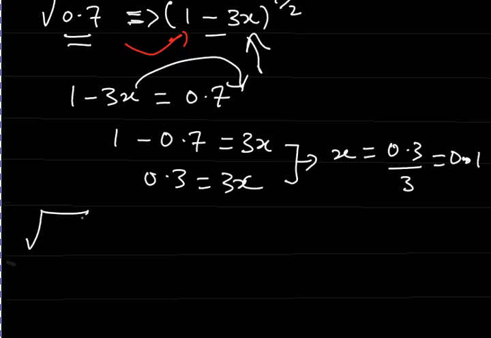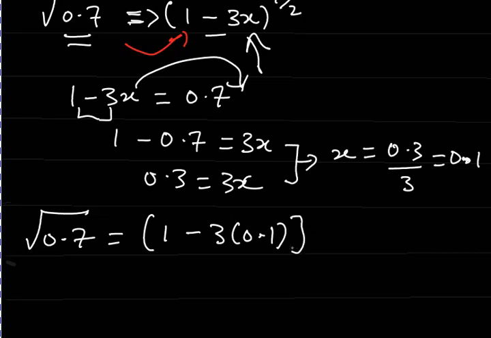If that be the case, we can now use this. The square root of 0.7 is the same as bracket opened, 1 minus 3 multiplied by x, which of course is 0.1, then I'm raising it to the power of half.